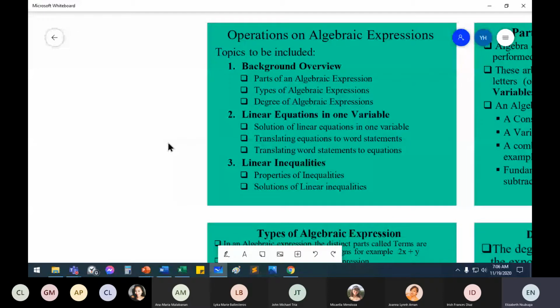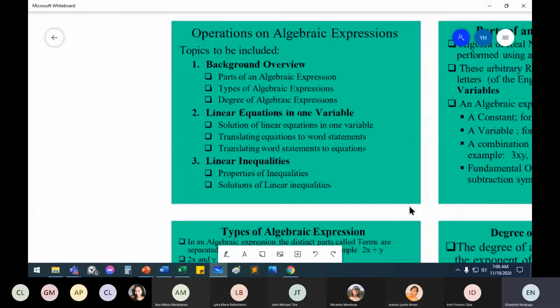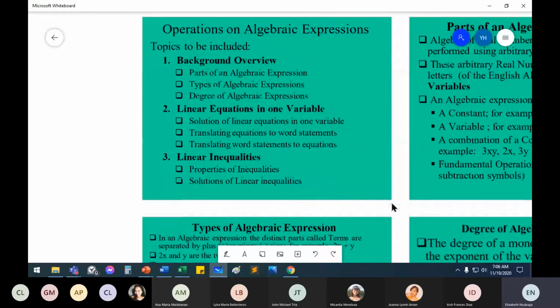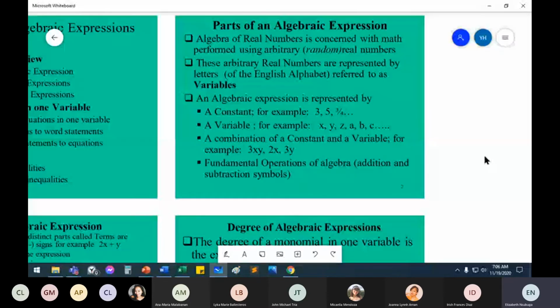Okay, so let's look at what is an algebraic expression. That is going to be our first topic. So when you say algebraic expression, any tool which is used in mathematics, all numbers are considered as algebraic expressions. Sometimes, because we don't know what the number is going to be, we are going to assign letters.